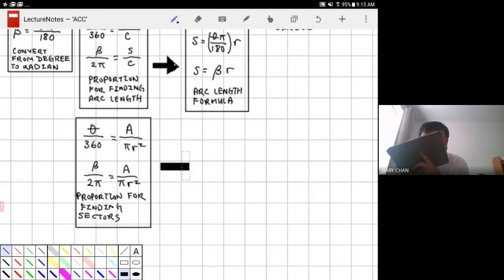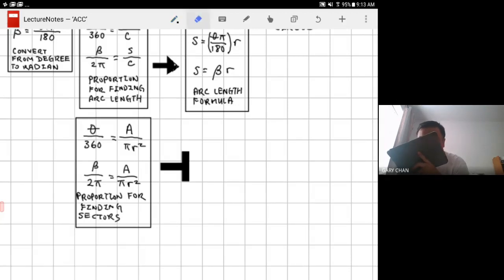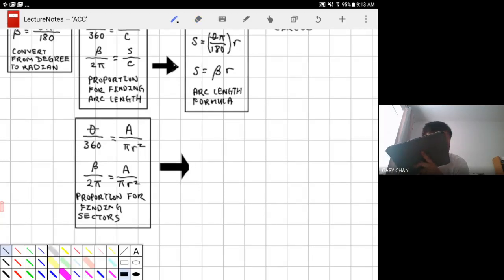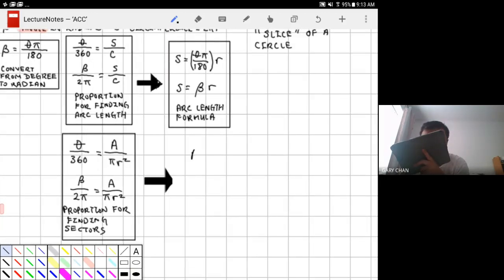And then from here, we can generate a formula that's a little more direct. The formula that can come out of this, which was derived, I think, on Tuesday or maybe Wednesday, looks something like this. So it's 1/2 theta pi over 180 times r squared, or 1/2 beta r squared.